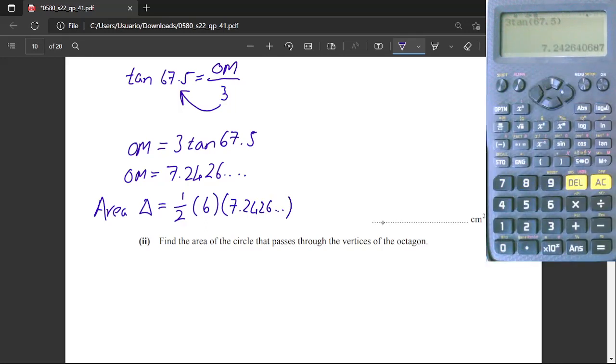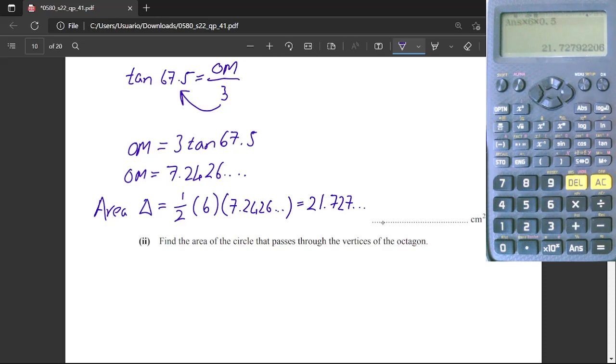On my calculator, I should still have the full previous answer, so I just times that by 6 and times that by a half or divided by 2, and I get the area of one triangle. Again, no rounding yet.